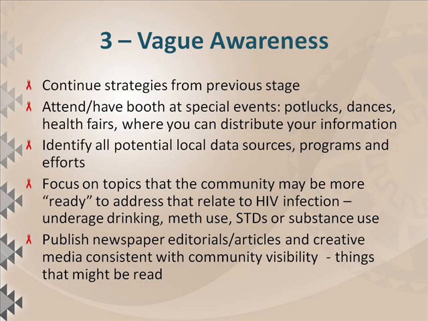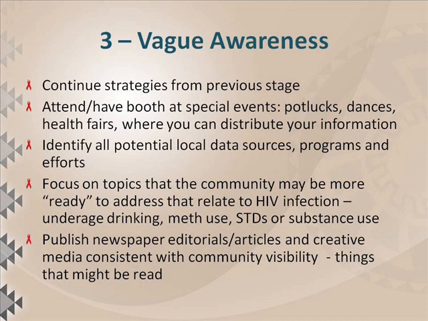And this may take some time in getting local data, so be persistent. Focus on topics that the community may be more ready to address that are related to HIV infection, such as underage drinking, methamphetamine use, STIs, or substance abuse in general. At this stage, you can publish newspaper editorials or articles and create media that is consistent with the community's visibility, things that might be read.